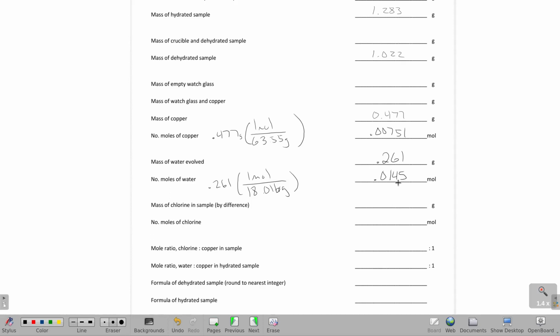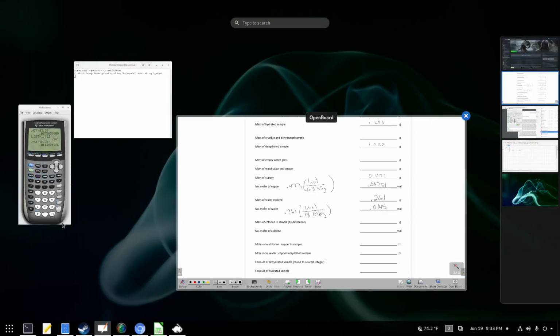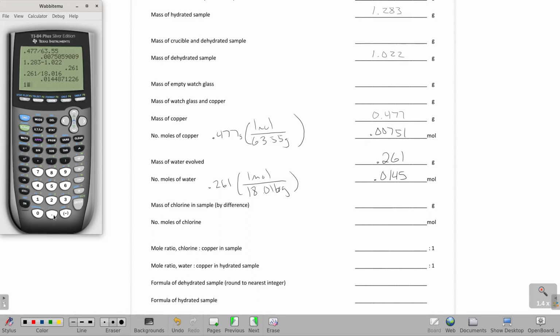Alright, and then the last mass is chlorine. We have the dehydrated sample, which would be just the copper and chlorine, and we do know the mass of the copper, so we can subtract this from the 1.022, the dehydrated sample, minus the mass of just the copper.